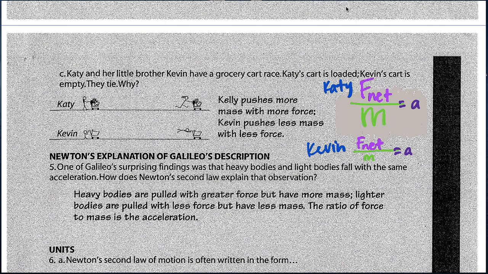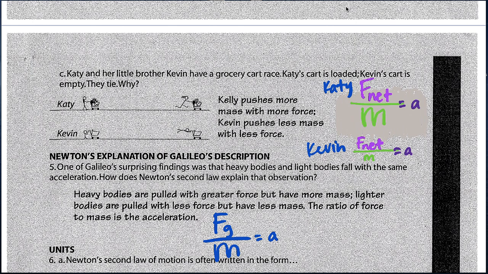If you're thinking of the F net as being gravity for an object falling, a heavy object has a big weight, right? Okay, so big F net, or FG, actually, let's change that to FG. Big FG comes from a big mass, okay, and that will equal some acceleration.